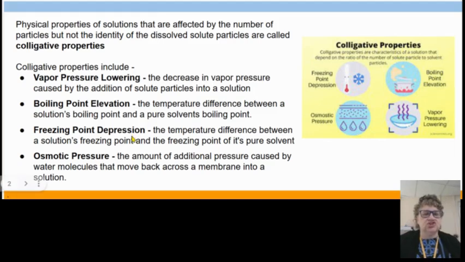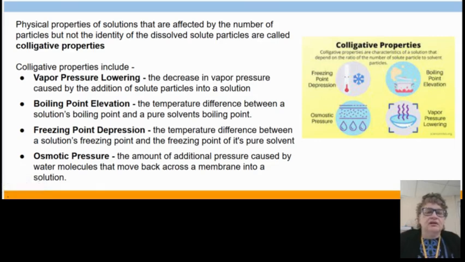Freezing point depression. Again, this is the salt on the road thing. You put the salt in or on the road, it mixes with the water of the snow or ice, and the freezing temperature goes down, so it has to be even colder for the ice to form.